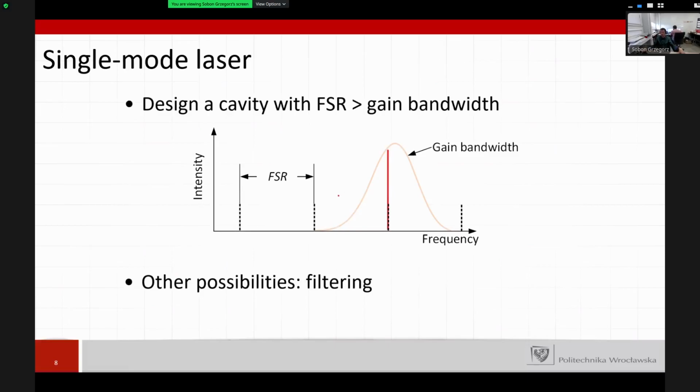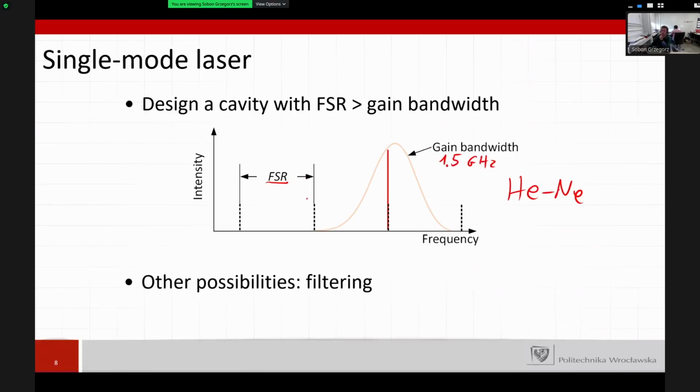So we already discussed the possibility how to do that. We can either design our cavity to have a very large mode spacing, so a very large FSR in comparison to the width of the gain bandwidth. This can be done in the case of a helium neon laser, where the gain bandwidth is at the level of 1.5 gigahertz.